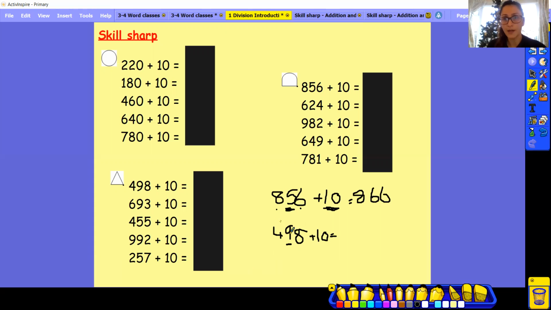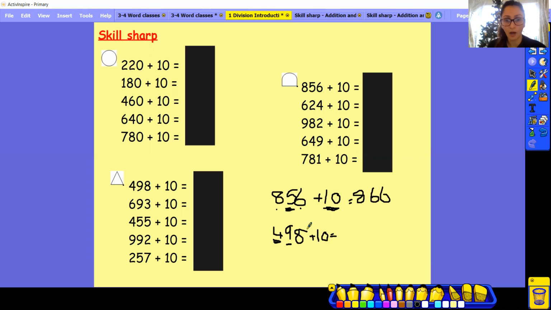If we have more than 9 in a column and we're adding to it, we're going to have to carry, okay? So think, if I've got 9 tens and I add an extra 10, 9 tens add an extra 10 equals 100. So this column will have to change as well. This column is going to get bigger, okay?